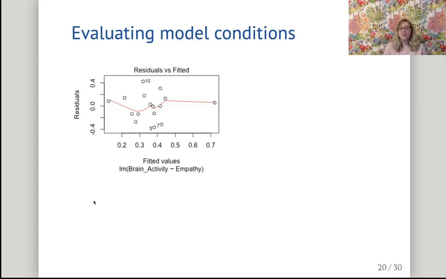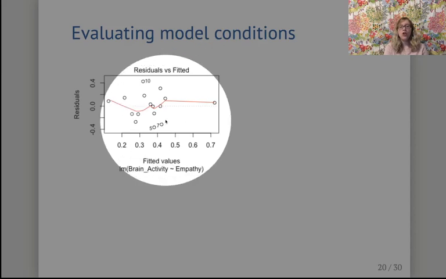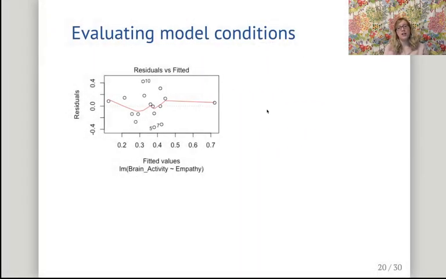So here's what that residual versus fitted line plot actually looks like. There's a gray dotted line at 0. You want to see all of the points sort of drop along that line. Here we're not too bad. There might be a problem though with constant variance.